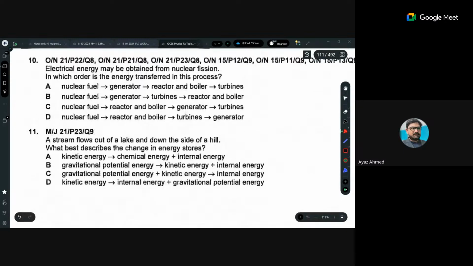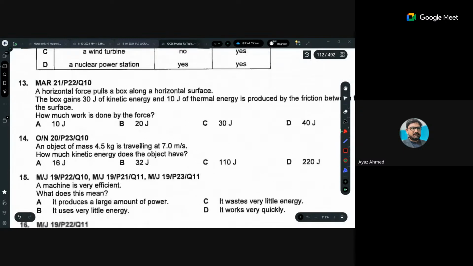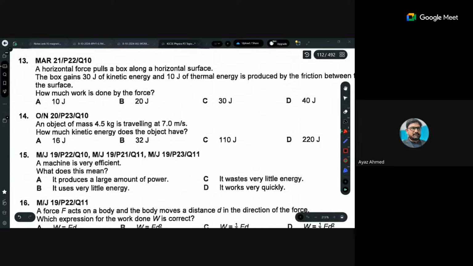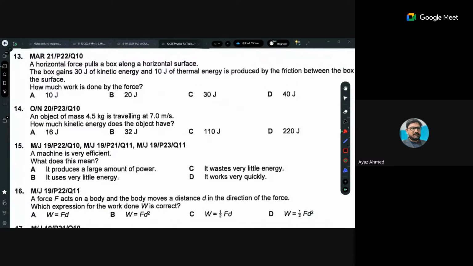Okay, these are all actually energy change questions, right? From question number 13, I have some calculation parts. That's why I have just given you the idea about energy changes, and then here we will go to the calculations. Sir, as far as I know, there are questions in this chapter where you have to form an equation and then solve them.